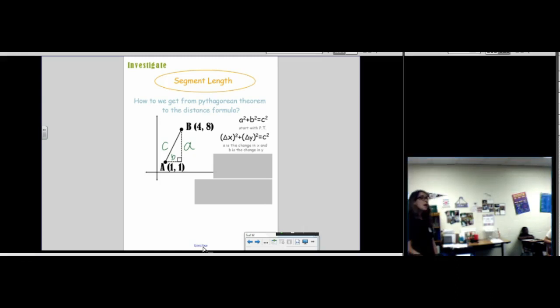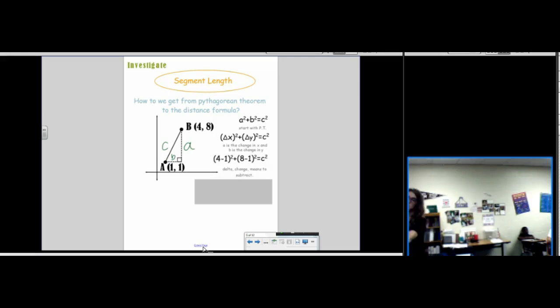Delta Y means the change in Y. So A is this length right here, and B is the change in X, the horizontal length. Are we allowed to count A? Absolutely. Are we allowed to count B? Absolutely, if we had our little squares. So I put those in the picture.